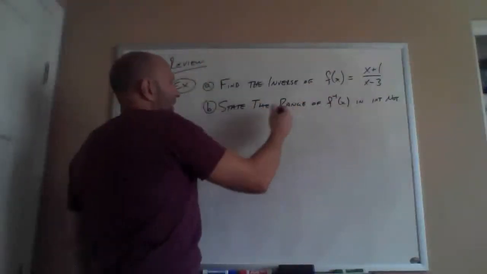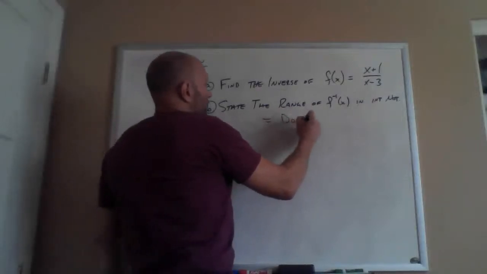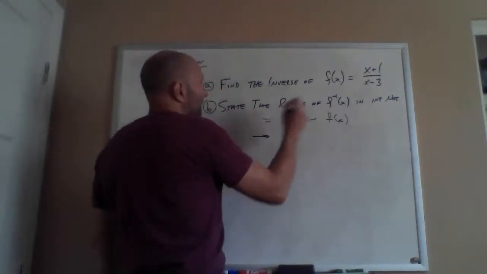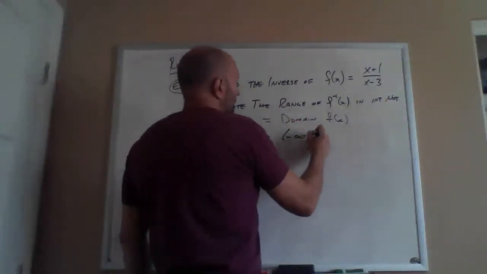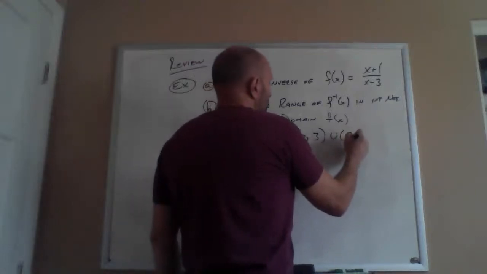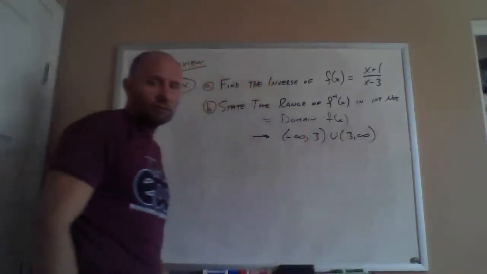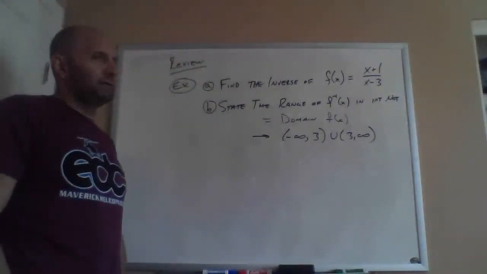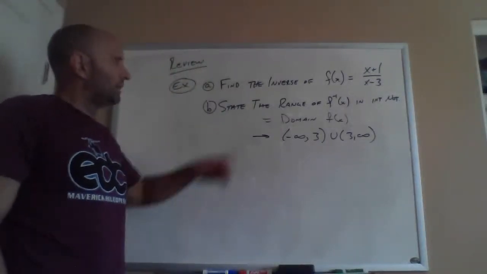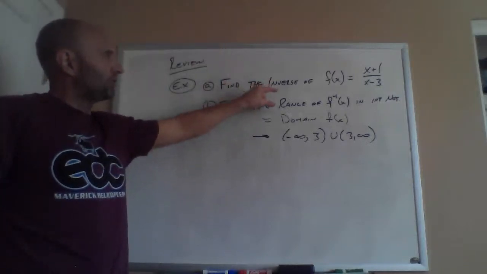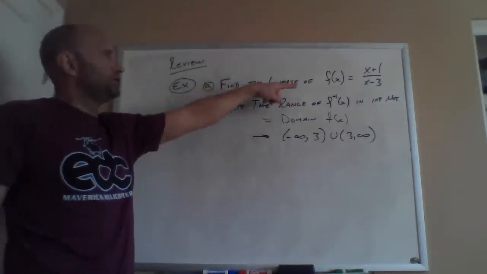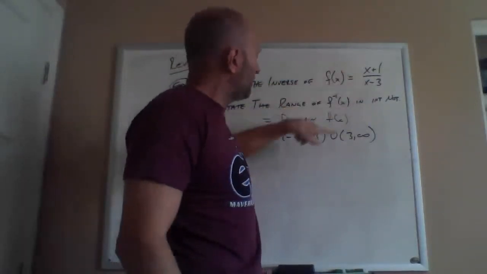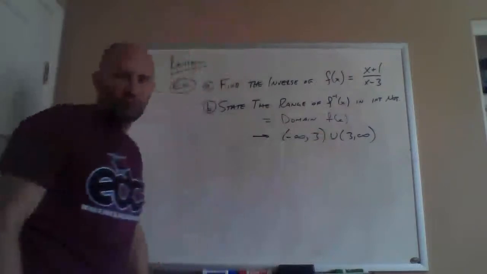So the range of the inverse is the domain of F of X, which in interval notation is negative infinity up to 3 union 3 to infinity. We can do this without calculating the inverse at all, because the range of the inverse is the domain of the original, and the domain of the original is everything except where the denominator is 0, so everything except 3.